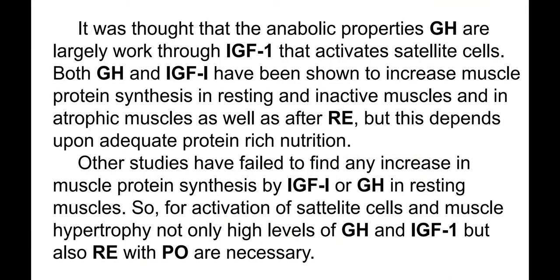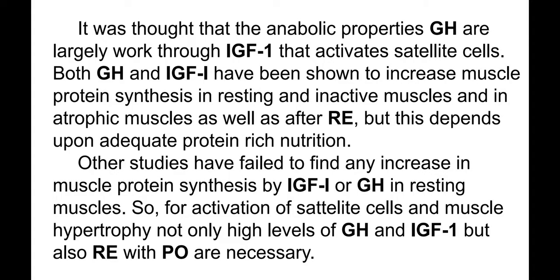It was thought that the anabolic properties of growth hormone largely work through the insulin-like growth factor 1 that activates satellite cells. Okay, I was explaining how the muscle cells work, how we get this hypertrophy.